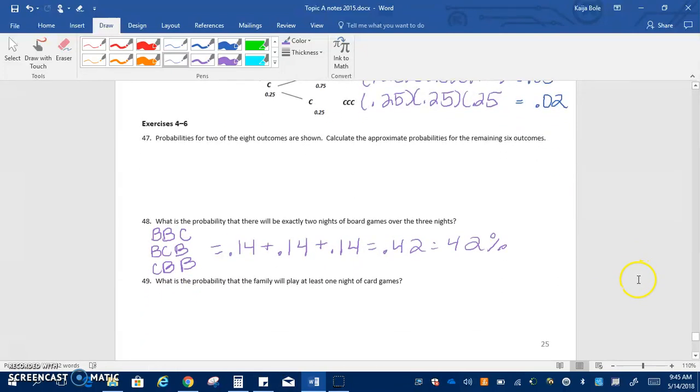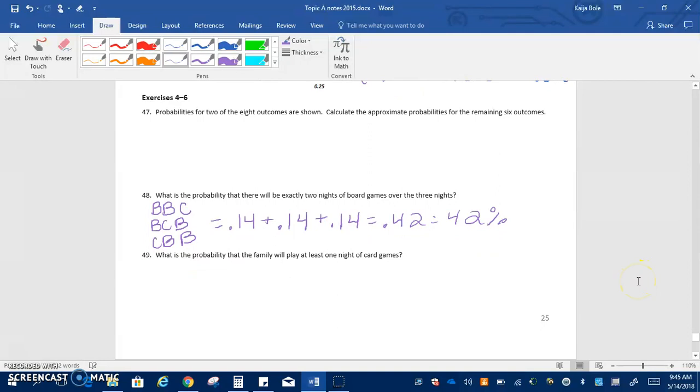Right, the next question says, what's the probability that the family will play at least one night of card games? So we need at least one C. So we have B, B, C, B, C, B, B, C, C, C, B, B, C, B, C, C, C, B, and then the last one is the all C's. So now we need to add in these probabilities here.